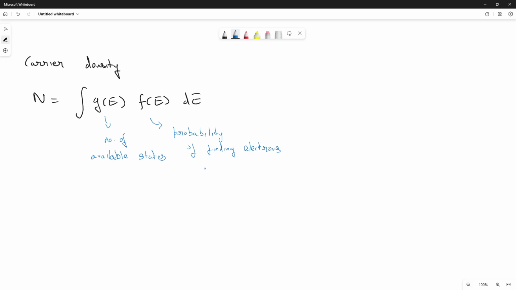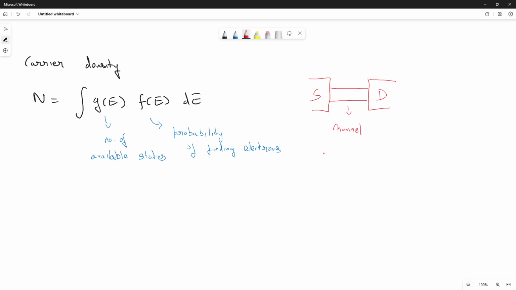So that is all well and good. This is for a given material. Now, what are we here to study, at least for the initial part of our course? We are here to study structures like this: source, drain, and a channel. Correct?